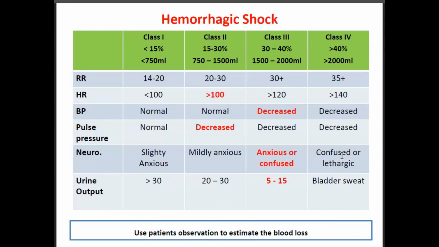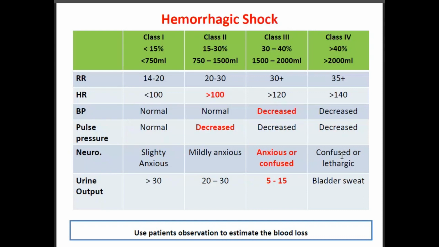His respiratory rate is high, his heart rate is more than 140, and his blood pressure is very low, and the pulse pressure you can measure it, and neuro, he is unconscious, so he's already class 4. Urine output, we need to see if the patient is having urine or not to decide.